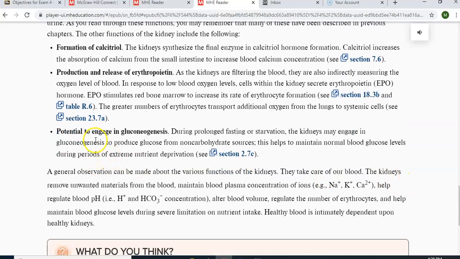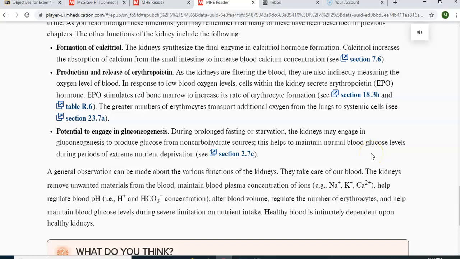And then the last one is gluconeogenesis. So the kidneys have a role in this process. If we have a situation where we're not eating very much, and especially for prolonged periods of time, the kidneys may engage in gluconeogenesis, and that's just a chemical process where body cells can produce glucose from non-carbohydrate sources, so things that aren't sugars or starches, and that's to help keep the sugar levels in our blood where they need to be.